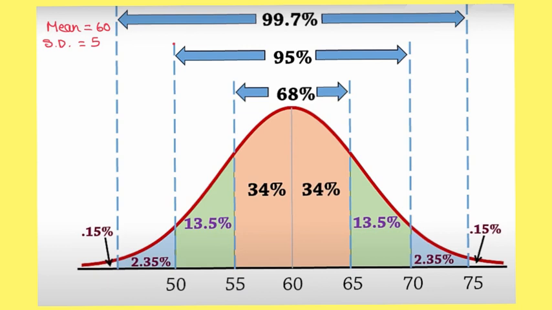Between 70 and 75, there is 2.35% of the data. Above a score of 75, there is only 0.15% of the data.